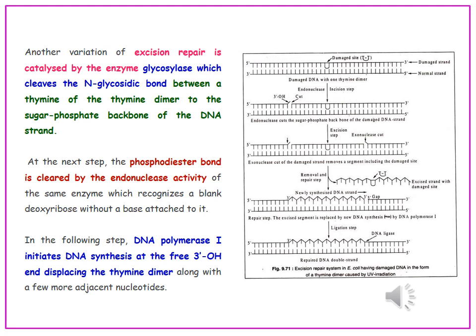At the next step, the phosphodiester bond is cleaved by an endonuclease activity of the same enzyme, which recognizes a deoxyribose without a base attached to it. In the following step, DNA polymerase I initiates DNA synthesis at the free 3' hydroxyl end, displacing the thymine dimer along with a few more adjacent nucleotides.